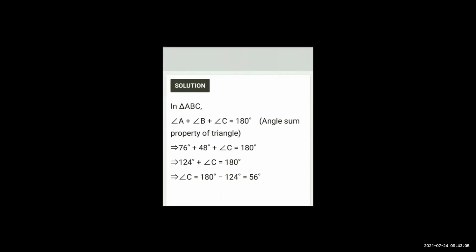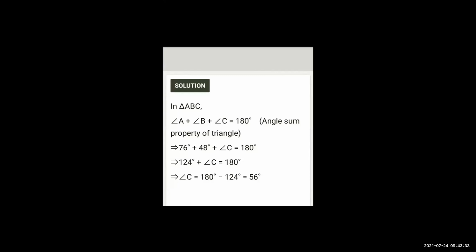Now see here, angle A plus angle B plus angle C equal to 180 degree. Angle sum property of a triangle, and put up the value for each given angle. A is given 76 degree, angle B is given 48 degree, and angle C as it is, because we have to find the value of angle C, and together 180 degree.